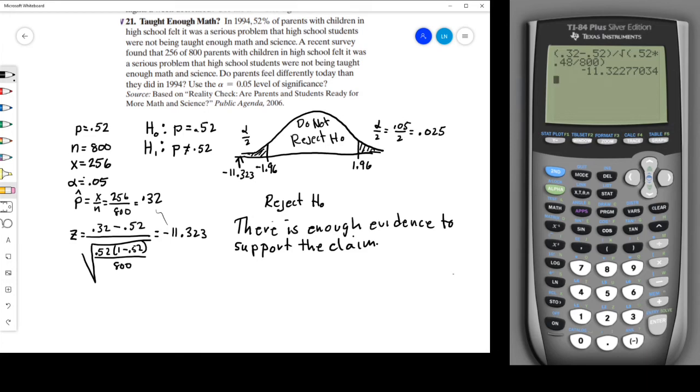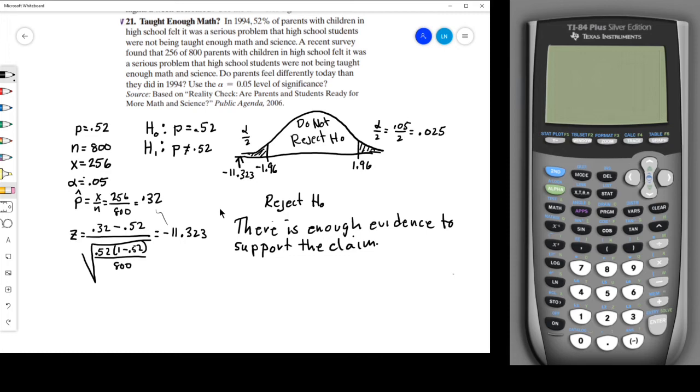This was a dramatic enough result that we have evidence to support that this proportion has decreased in the last, I'm trying to think when this book was published that I got the problem out of, 2006. It says right here, 2006. So from 1994 to 2006, attitudes have changed rather significantly about that.